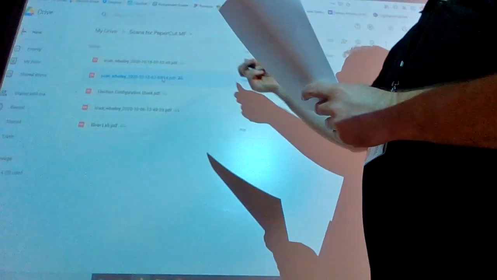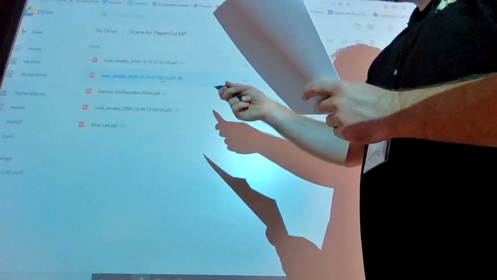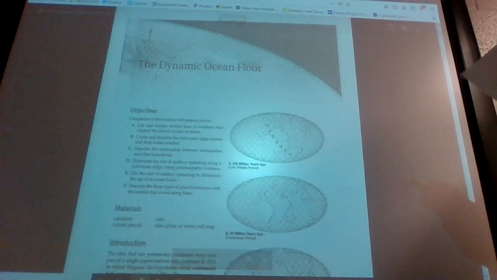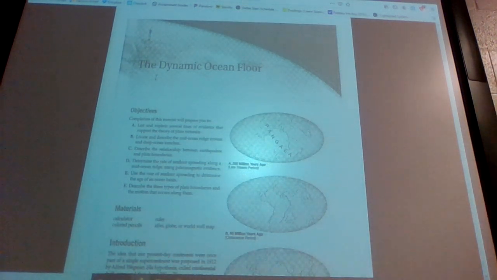Hold on, let me try a different scheme. Open this up. 4 pages? There's a lot more than 4 pages, even if you only do it one-sided. What happened? This is vexing me. Is this the one that I scanned? Oh, hold on a second.